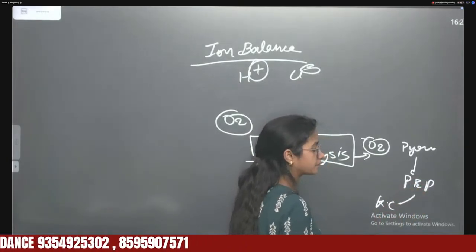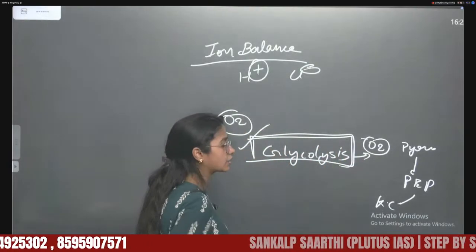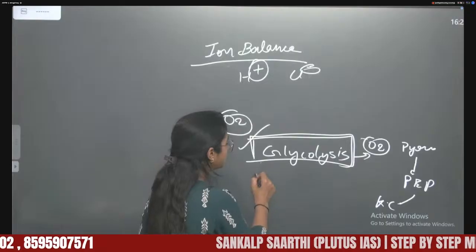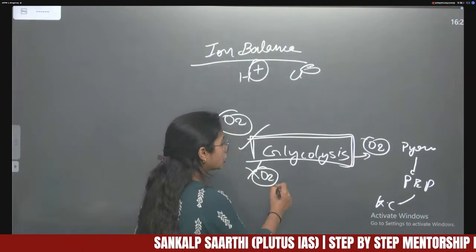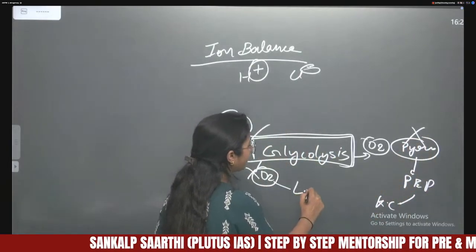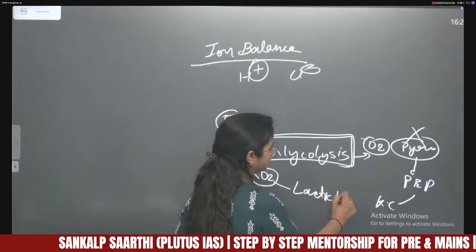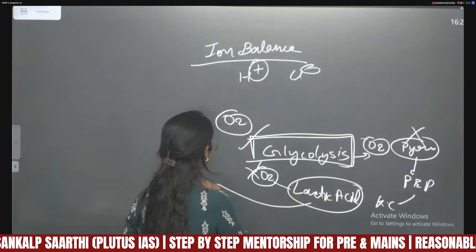Remember? But your respiration rate increases, which means glycolysis is increasing, but you are not providing that oxygen. So the PEP or the pyruvate will not form. There is a formation of lactic acid. That is one of the concepts forming in the muscle.